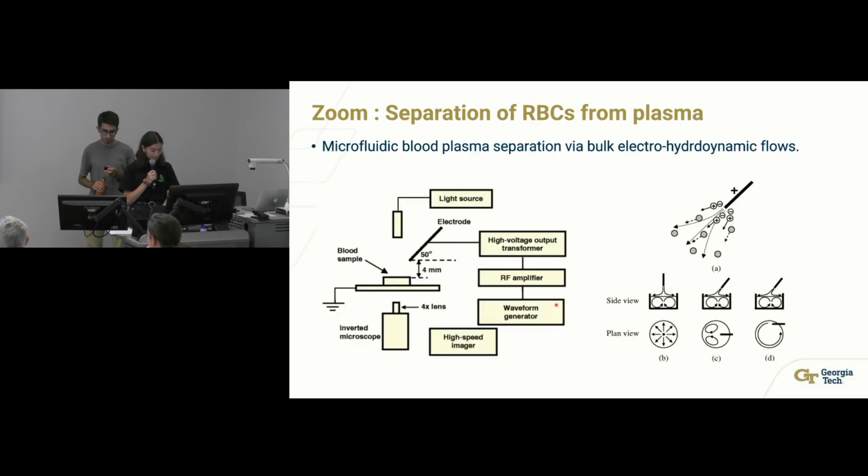I will explain in a little more detail the separation of the red blood cells from plasma. This system involves no moving parts. By applying a sufficiently high voltage, an electrohydrodynamic airflow will generate interfacial shear and create a primary azimuthal circulation at the surface of the liquid.